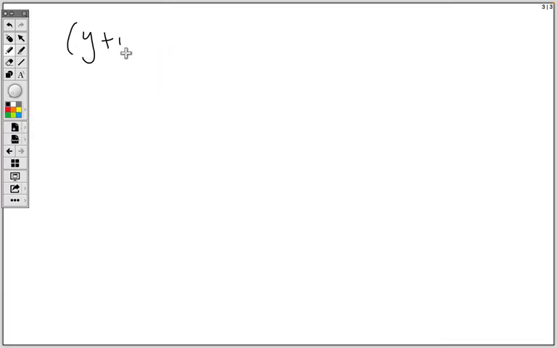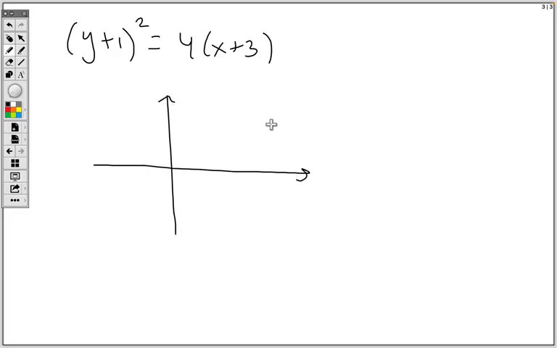Now, if you were to graph this back in college algebra, you've got the vertex negative 3, negative 1, and then you could figure out where the focus and other points are. But you would get the entire parabola.